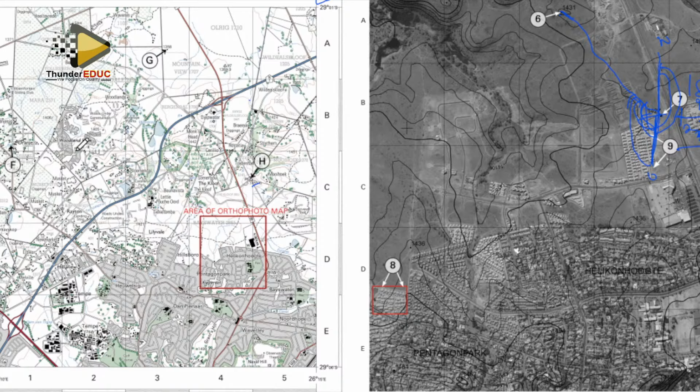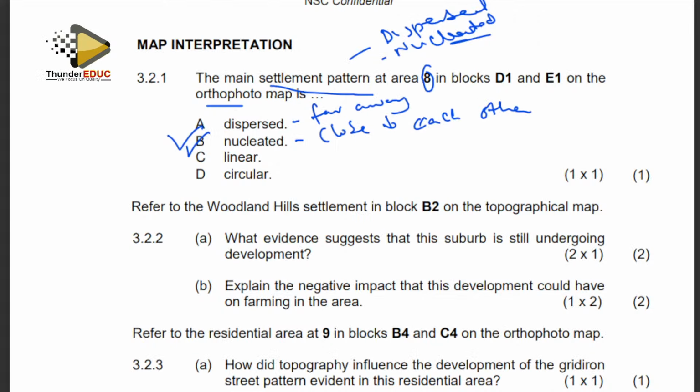If the question is talking about evidence to show that the area is very old, then you can look at things like a monument, like maybe an old town hall, or the nature of the street pattern. Those are the kind of things that we can use. So the evidence here, we can say roads are still under construction.